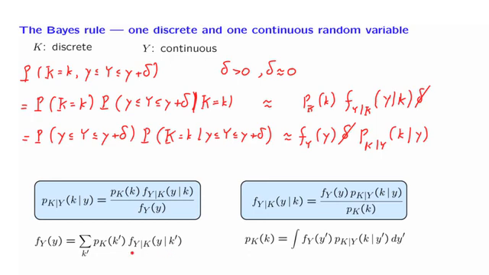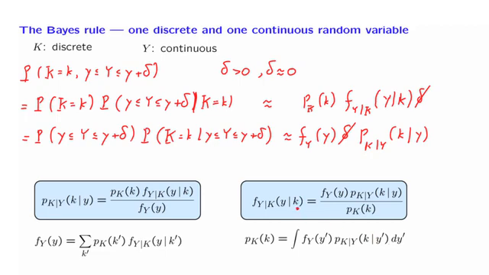We have a conditional density of Y under different scenarios for the random variable capital K, and we get the density of Y by considering the conditional densities and weighing them according to the probabilities of the different discrete scenarios. This version of the total probability theorem is something that we have not proved so far. On the other hand, it's not hard to derive.